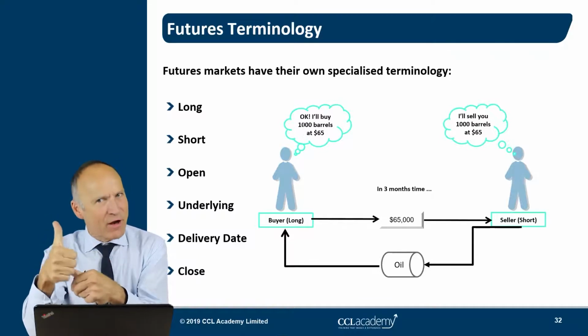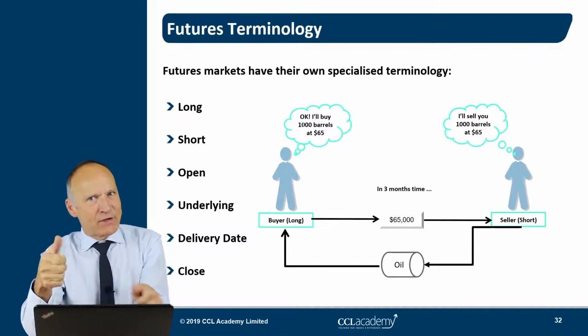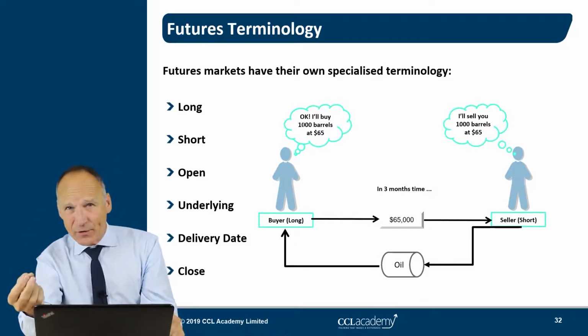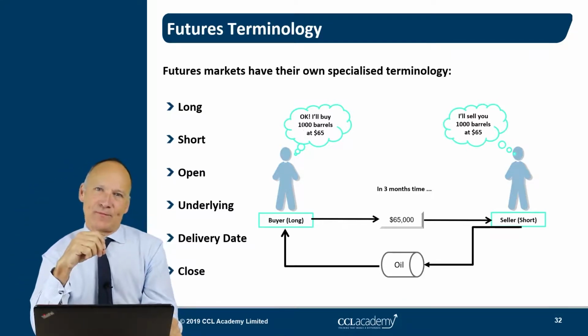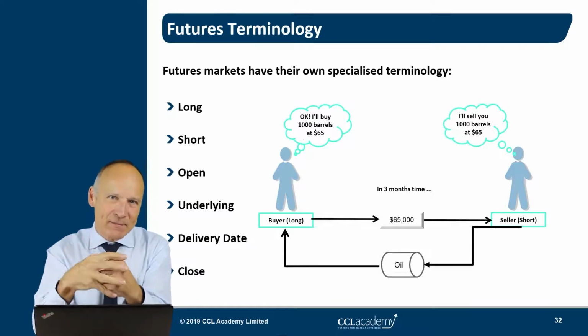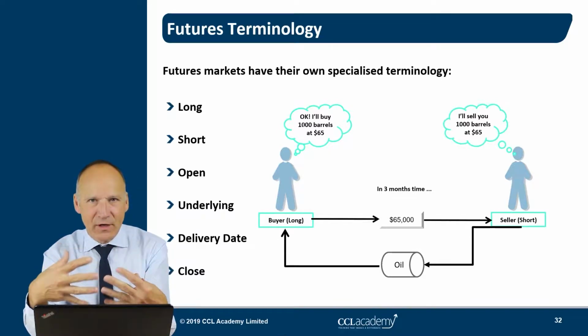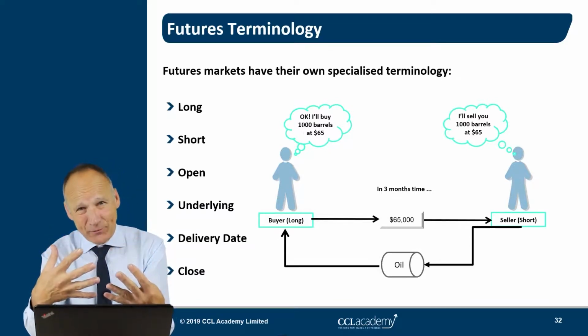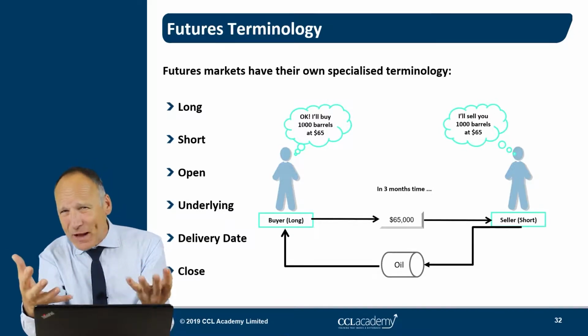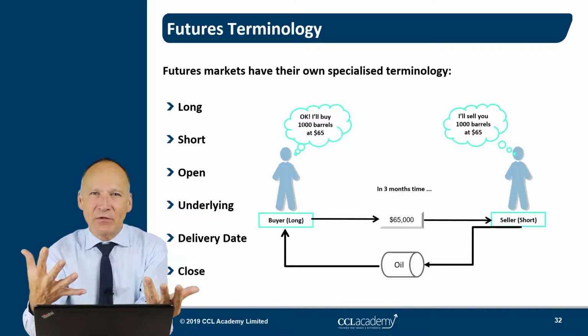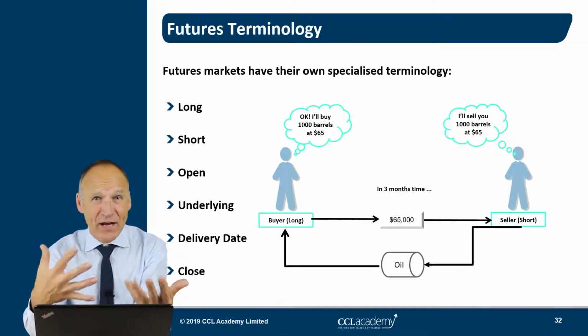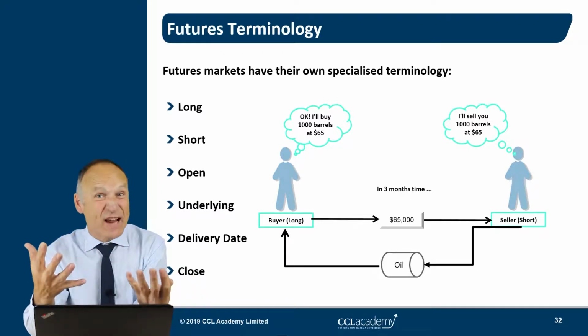So things are looking all right for them, aren't they? It's good, they've committed to buy at 65, what's currently worth 75. Now that's $10 a barrel. They're looking good for $10 a barrel. There's 1,000 barrels in the contract, so they're looking good for $10,000.